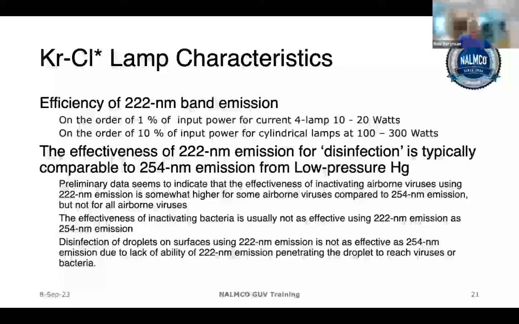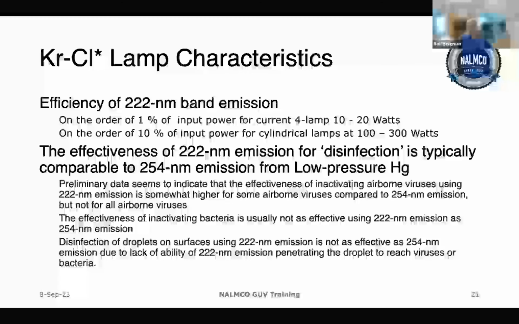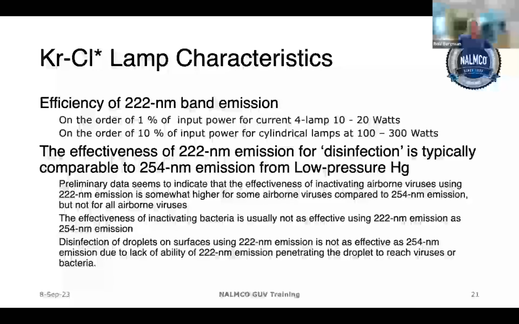But it is not as effective for bacteria. The reason is probably that the 222 penetration depth is not deep enough to get through the bacterial assembly to actually kill it.